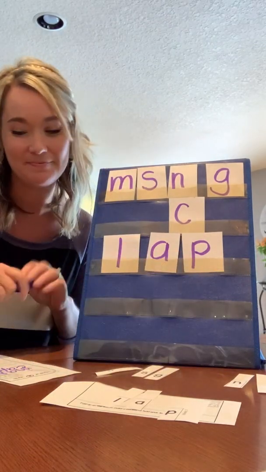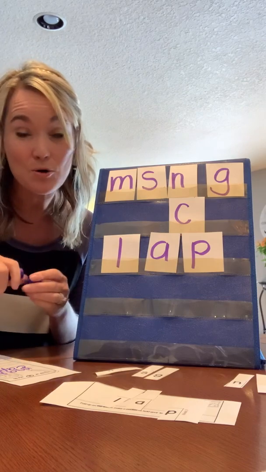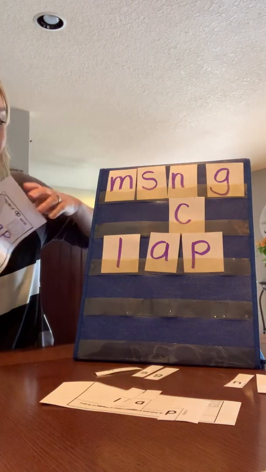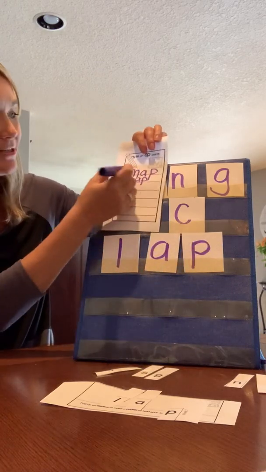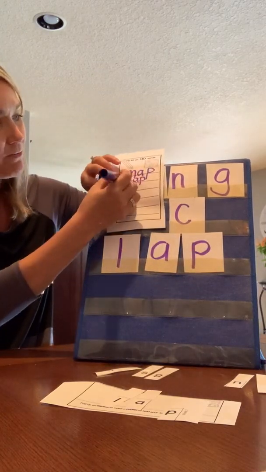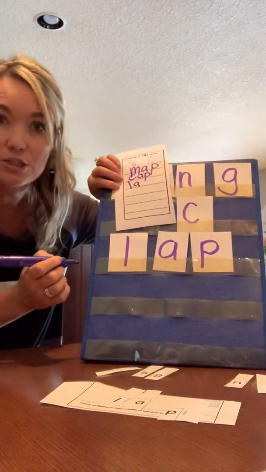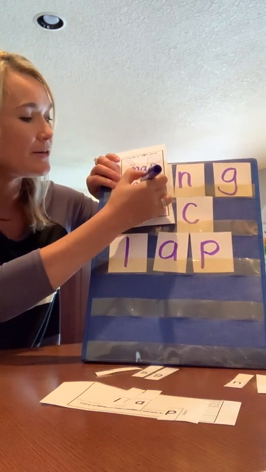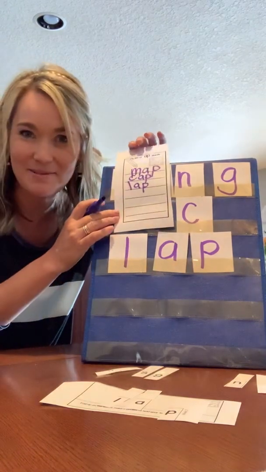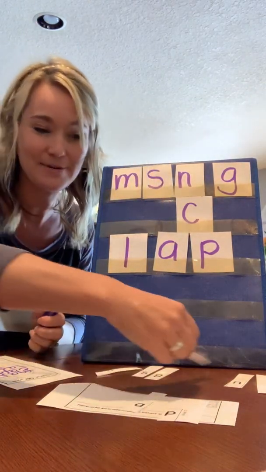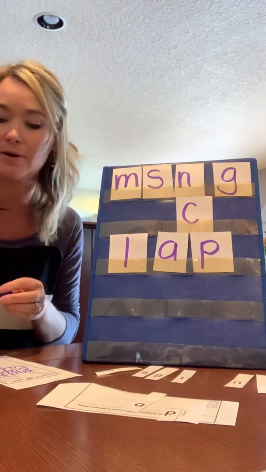Lap. Okay, now record it. Don't move it until you've recorded it. And I'm looking very carefully at my letters when I'm recording it to make sure I'm forming them correctly, to remind myself that I'm using lowercase letters, and to make sure I have them in the correct order. All right. Wow, what careful readers and word builders and writers you are.